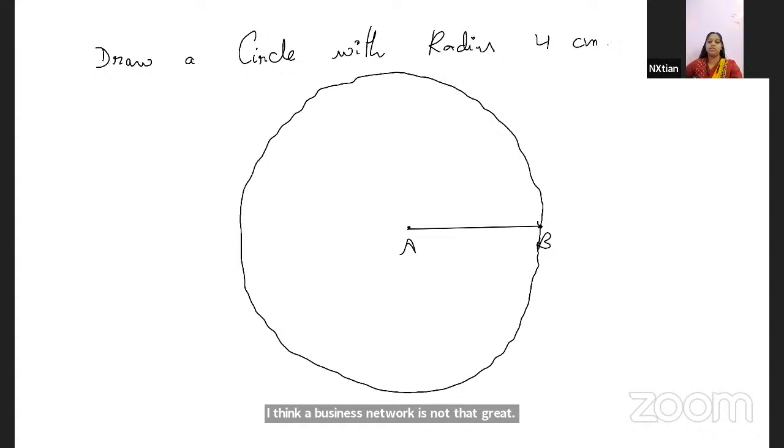Okay. So this is how we get a circle of a given radius. Now just measure AB with the scale. Ma'am, how much do you say? Just measure AB with the scale.